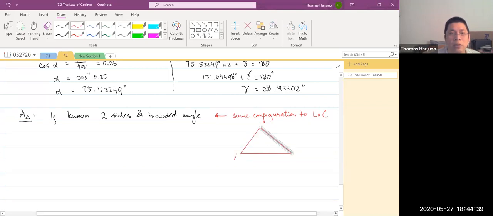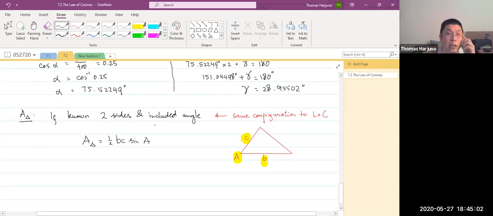So you know side A, side B, and side C. If these are known, then the area of the triangle equals 1/2 the product of two sides times the sine of the included angle.